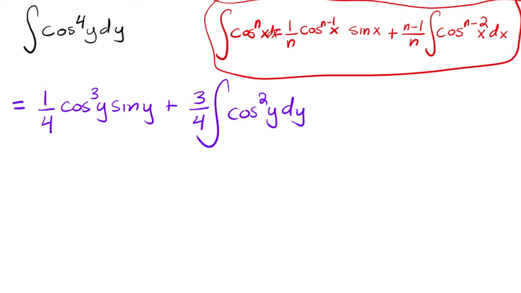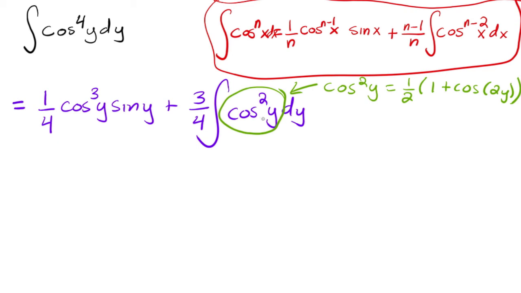We reduce the degree, and then to find the integral of cosine squared, what we need is an identity, and that is that cosine squared y is equal to 1/2 times 1 plus cosine of 2y.